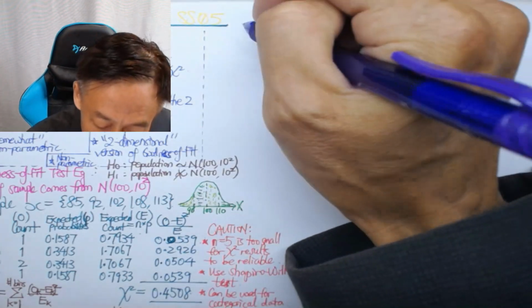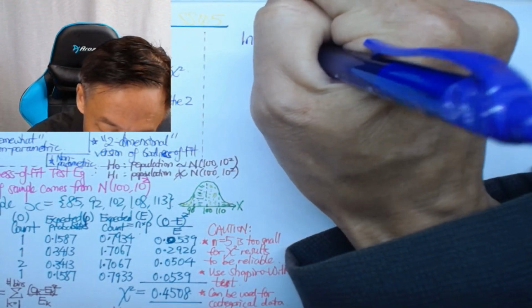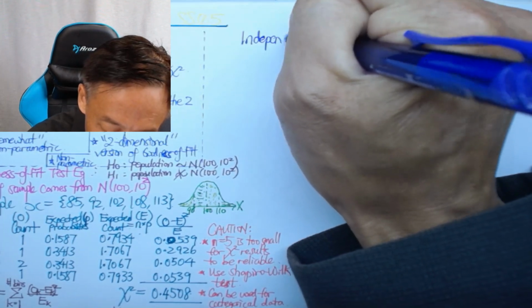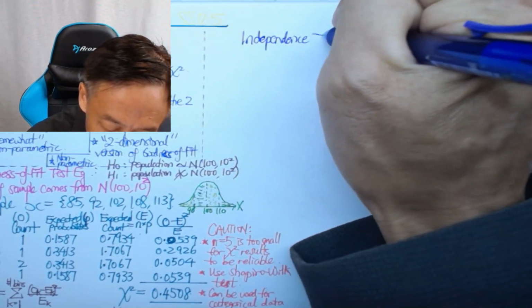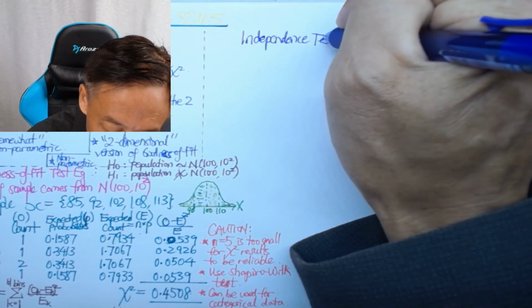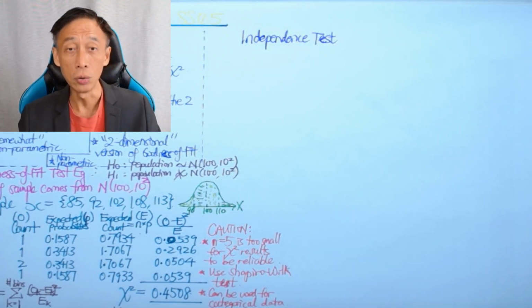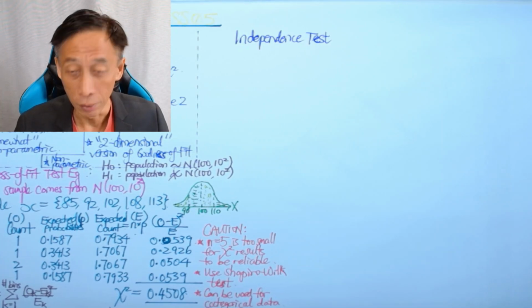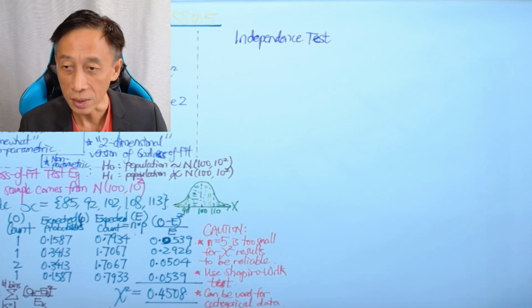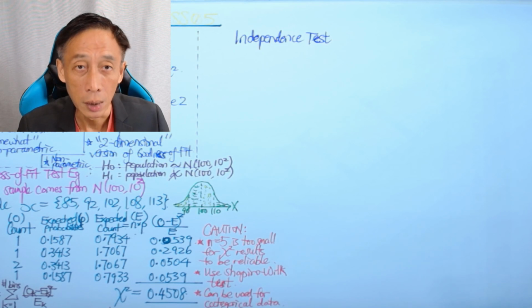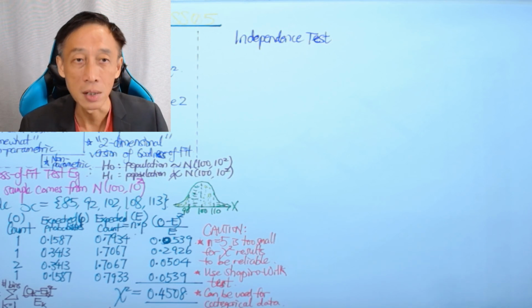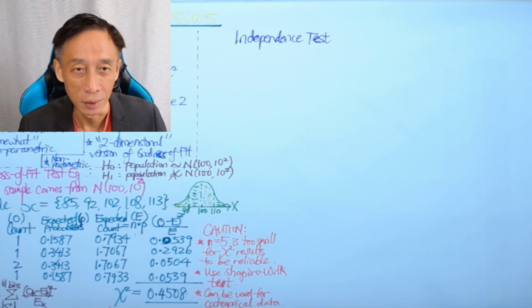Now, the independence test is something we will need to conduct if we suspect that the populations are affecting each other when we should not have such a case.